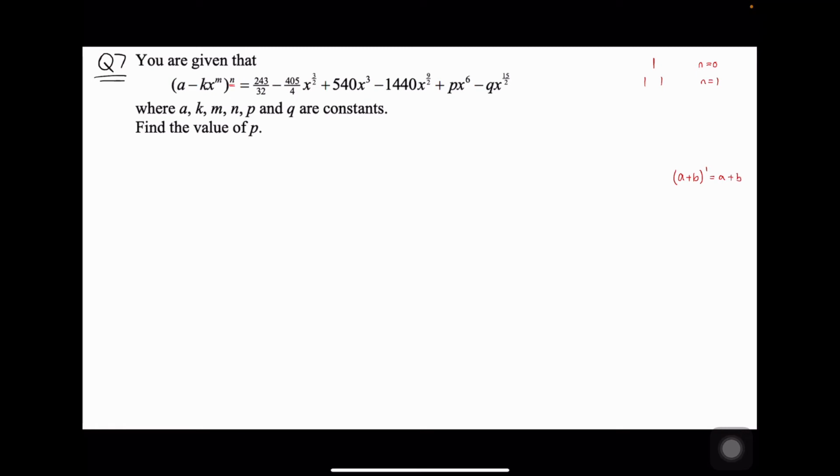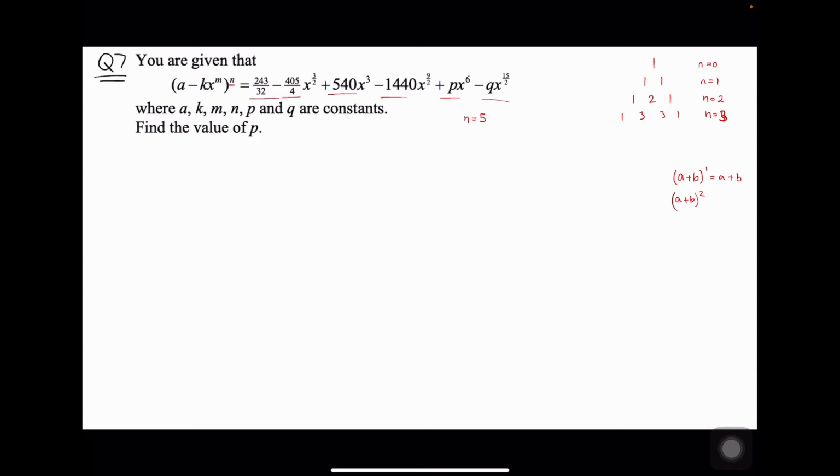Then we have 1 2 1, n equals 2, which of course is a quadratic, and so on and so forth. So we have 1 3 3 1, n equals 3. As you can see, the number of terms is 1 larger than the value of n. So here we have 1, 2, 3, 4, 5, 6 terms, so n equals 5.